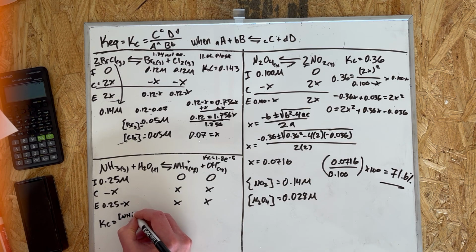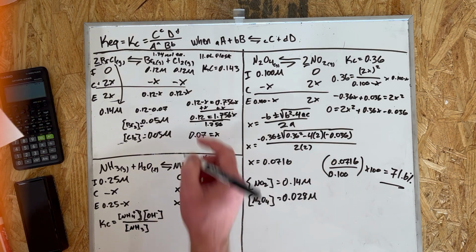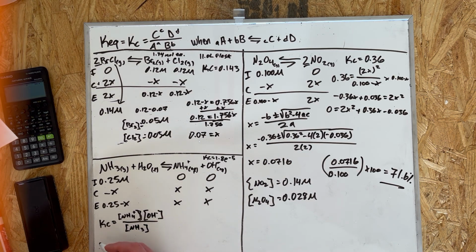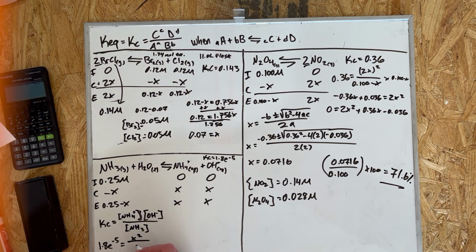the concentration of the products divided by the concentration of our reactants. I kind of skipped this part on these other ones, but this is what we're doing here. So we have 1.8 times 10 to the negative fifth equals x squared, because we got both of these multiplied by each other, divided by 0.25 minus x.